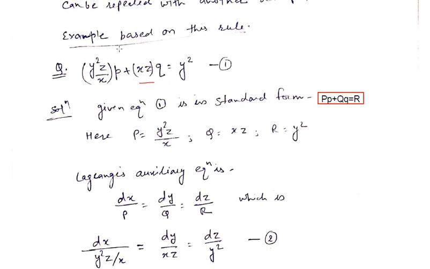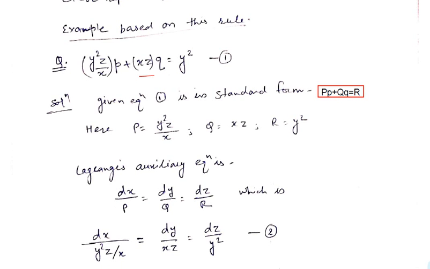Now, for better explanation, let's take an example. We have the problem (y squared z upon x) p plus x z q is equal to y squared. This is the given equation. First we rewrite it into standard form. It's already in standard form, which is Pp plus Qq is equal to R. When we compare with the standard equation, we get capital P is y squared z upon x, capital Q, the coefficient of small q, is xz, and capital R, the right hand part, is y squared.